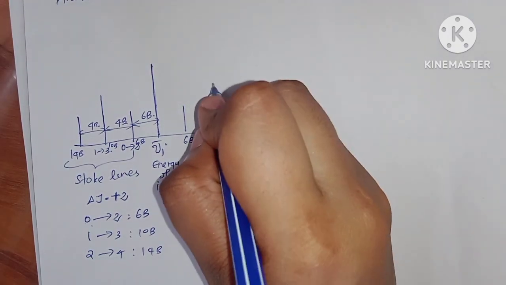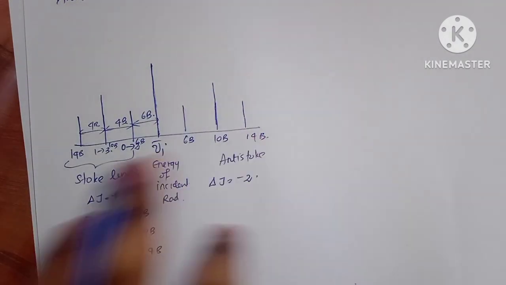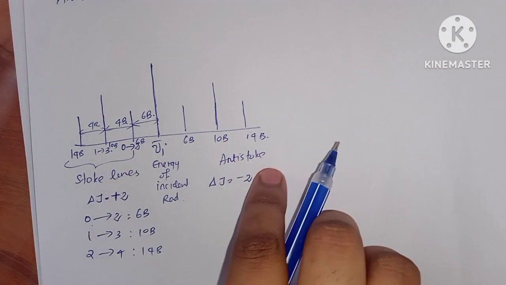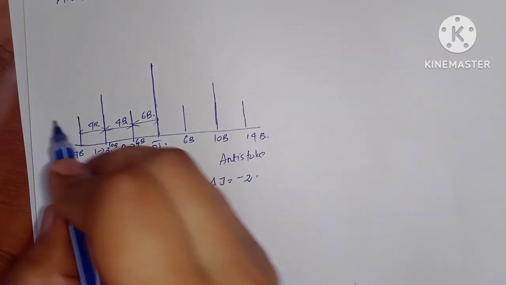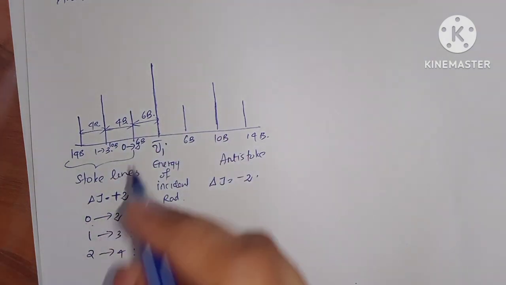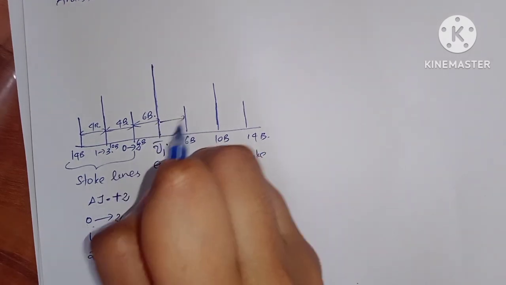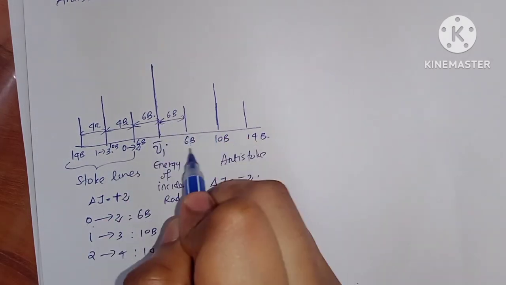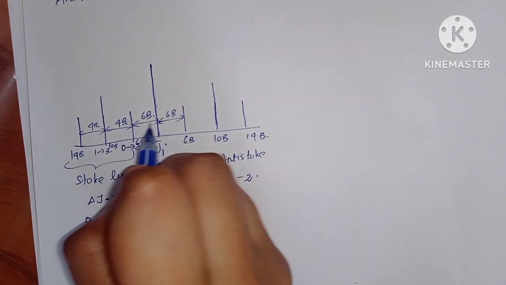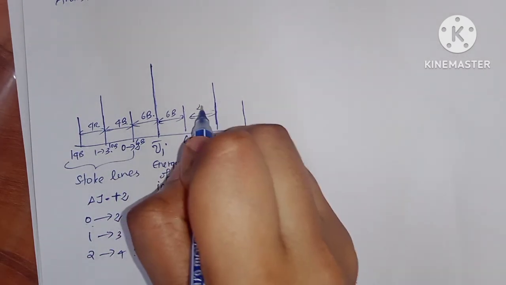We just draw the lines like this because commonly rotational Raman spectra look like this. There is a particular trend in the intensity. Some are smaller, some are higher. So what we can understand is that compared to mu bar I, the first line comes at a difference of 6B in both directions. The first line of anti-Stokes and the first line of Stokes come at a difference of 6B, and all other lines have a difference of 4B.